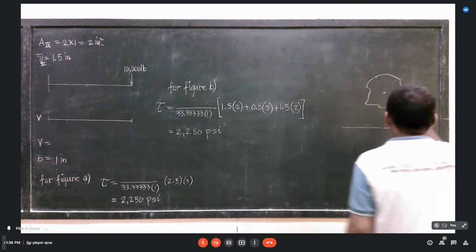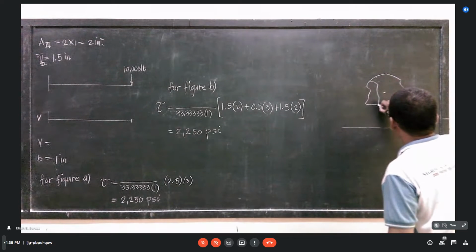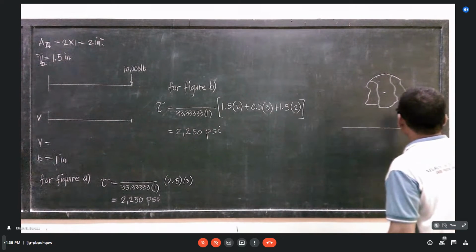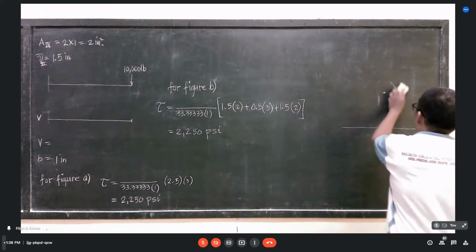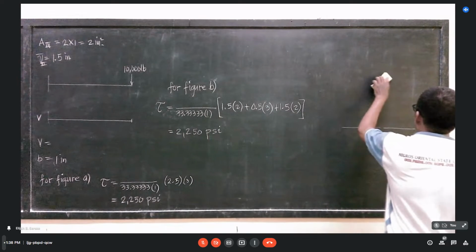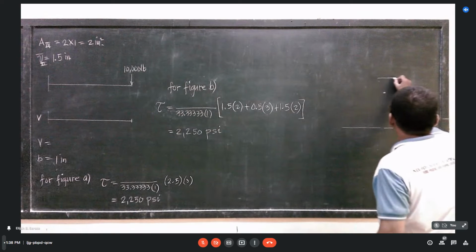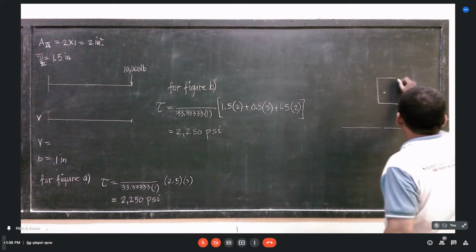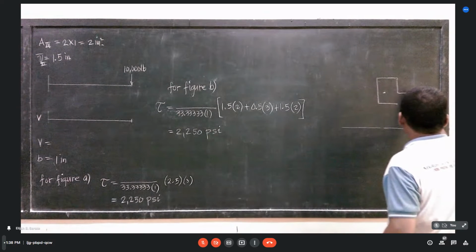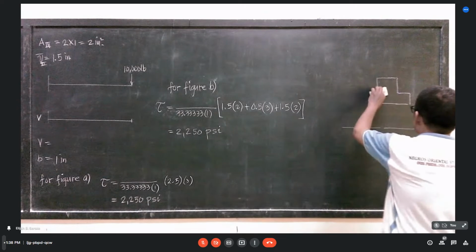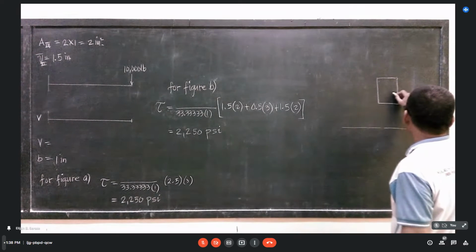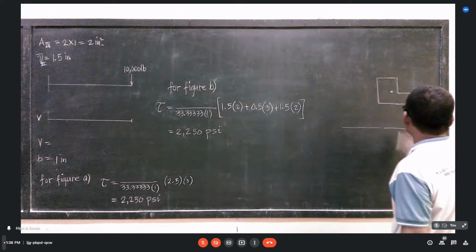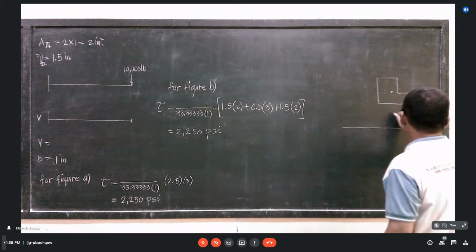But if we can subdivide this into areas where we know their centers of gravity, okay. For example, let us say this is the center of gravity. From this reference, we call it y.